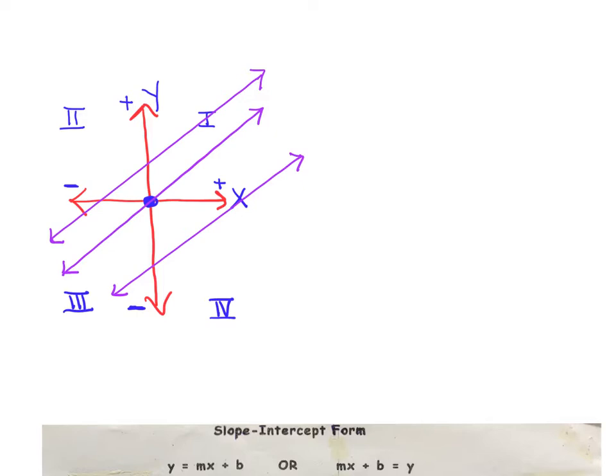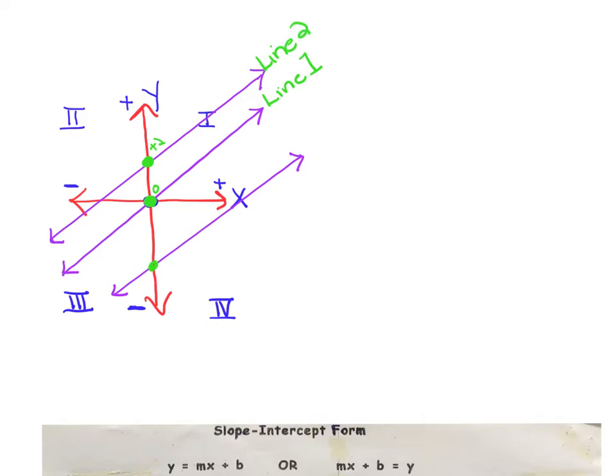Now graph these 3 lines on your coordinate plane. Your first line should have a y-intercept at 0. We're going to call this first line, line 1. Your second line should have a y-intercept of about a positive 2. We'll call this line number 2.